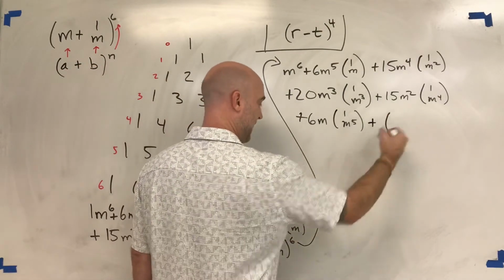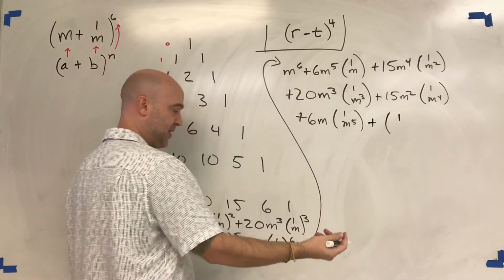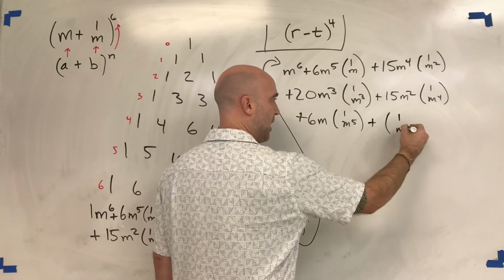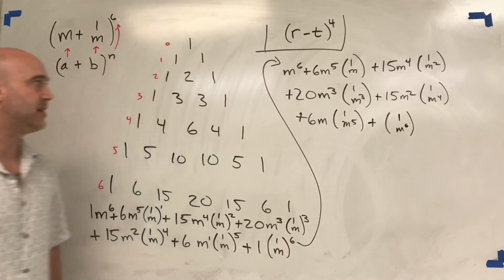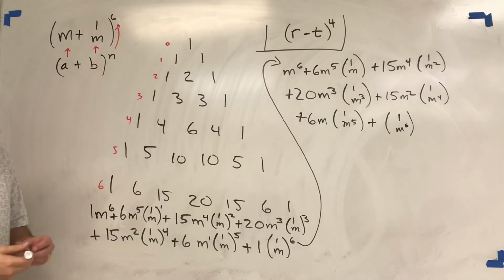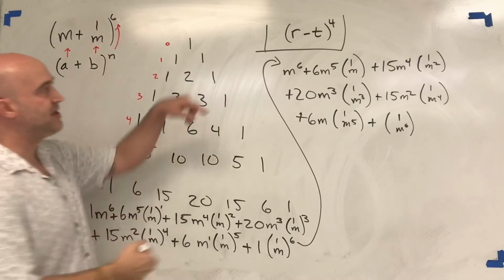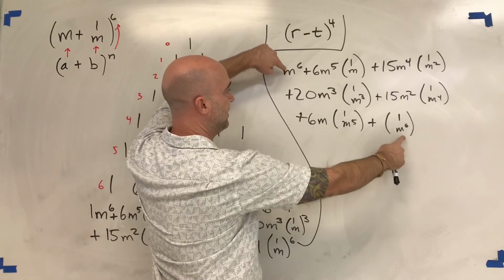Plus, and when we distribute that 6 inside, 1 times itself 6 times is 1. M to the 6th. All right. Got it. Everything looks good on that one. And it should have that symmetry, so there's our 6's right there.